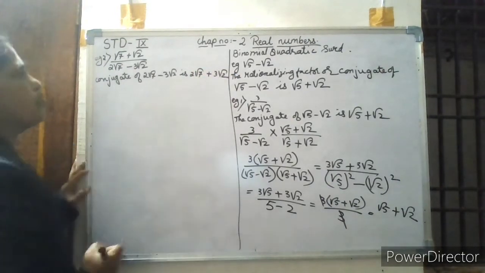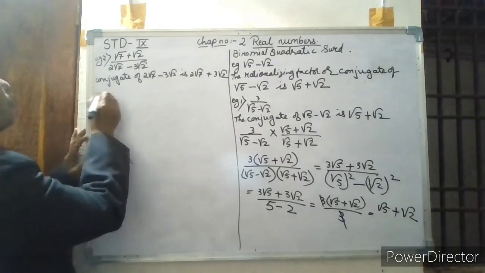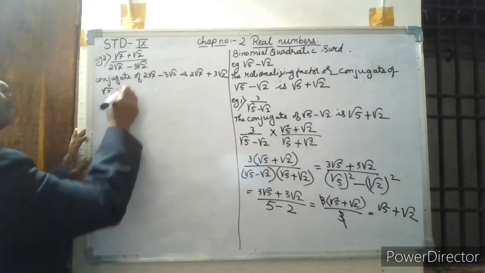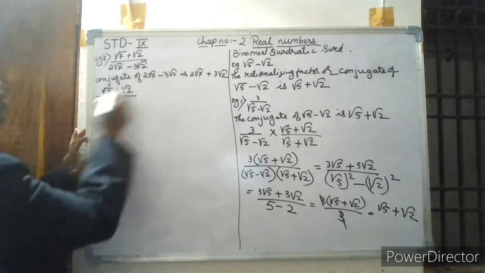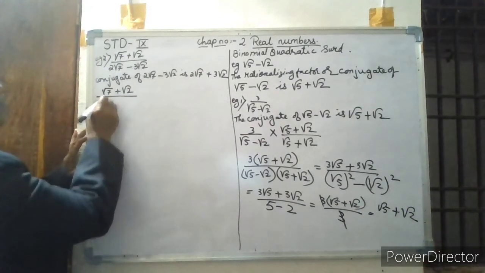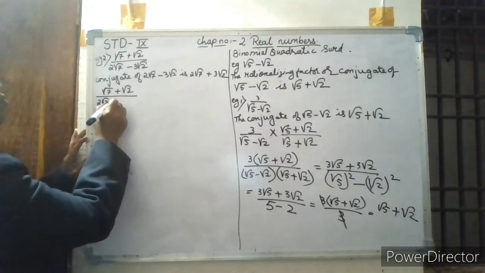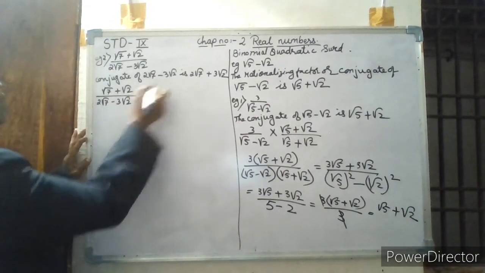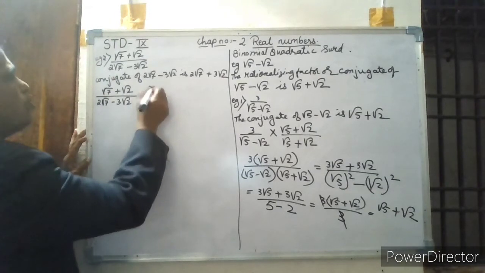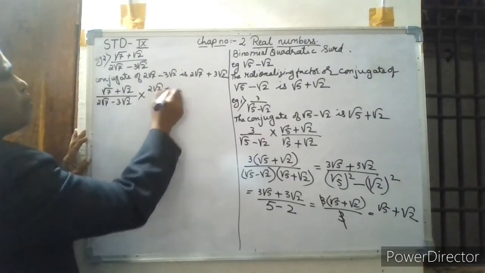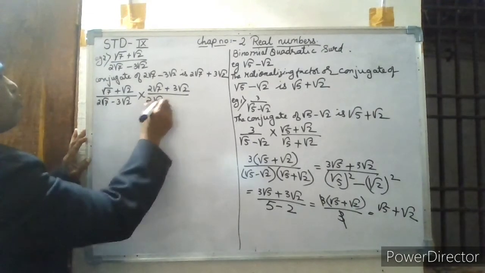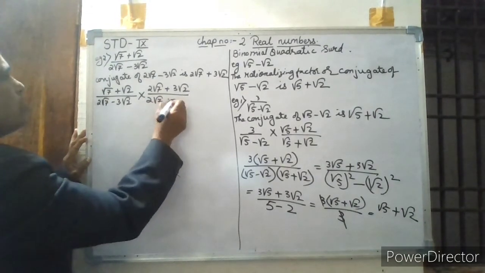So therefore we will go to the question. Root of 7 plus root of 2 upon 2 root of 7 minus 3 root of 2, multiply by the conjugate, that is 2 root of 7 plus 3 root of 2 upon 2 root of 7 plus 3 root of 2.